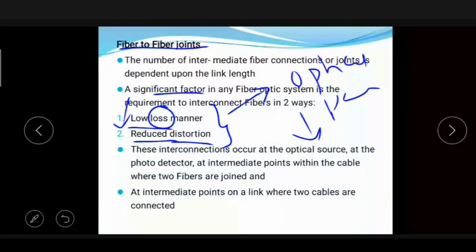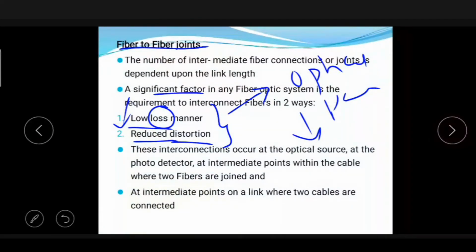There may not be any loss of information, but there might be distortion, with which it is very difficult to receive the optical power with certain information. It may be difficult to decode the information due to distortion.